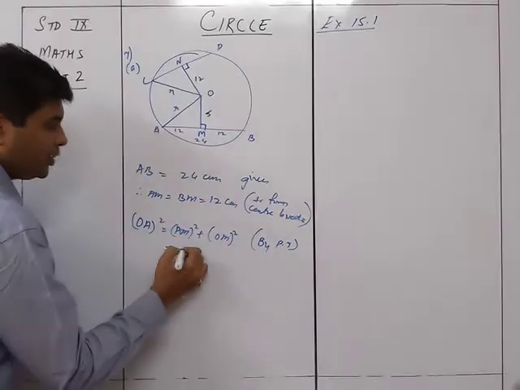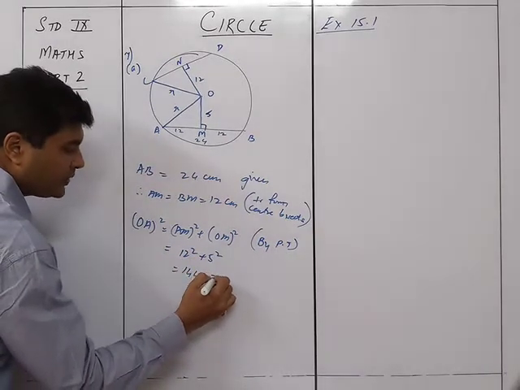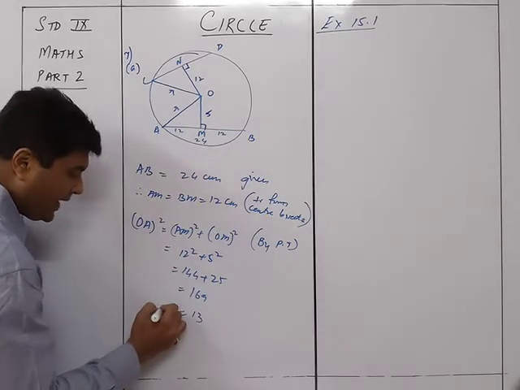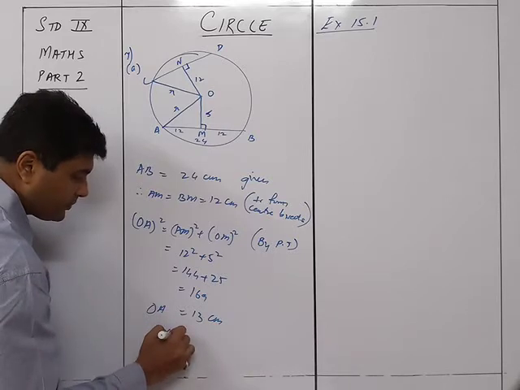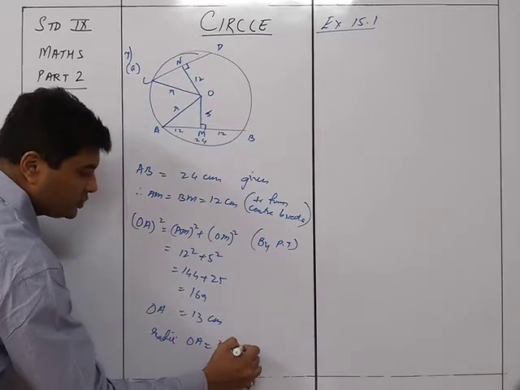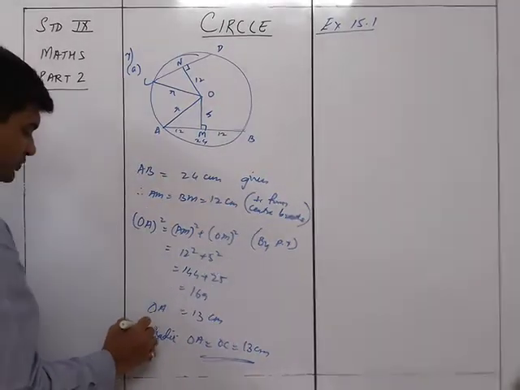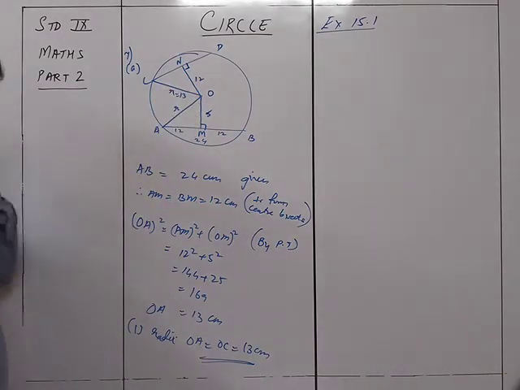So accordingly it will be 12 square plus 5 square is 144 plus 25 is 169, so that is 13. So OA is equal to 13 centimeters. So radii OA is equal to OC is equal to 13 centimeters. That was the first part, that this is 13.